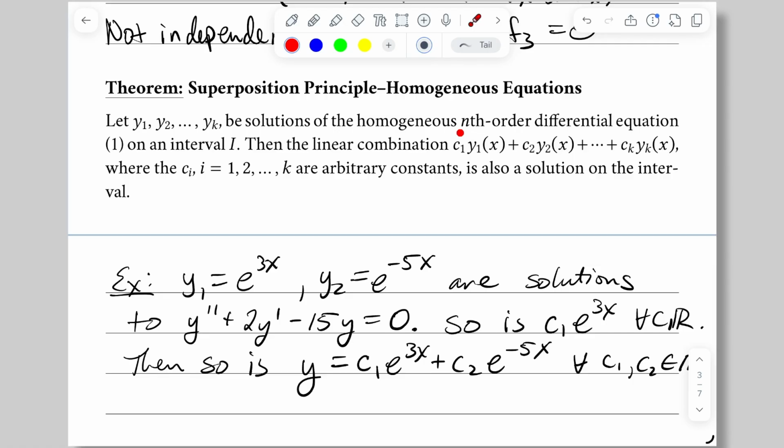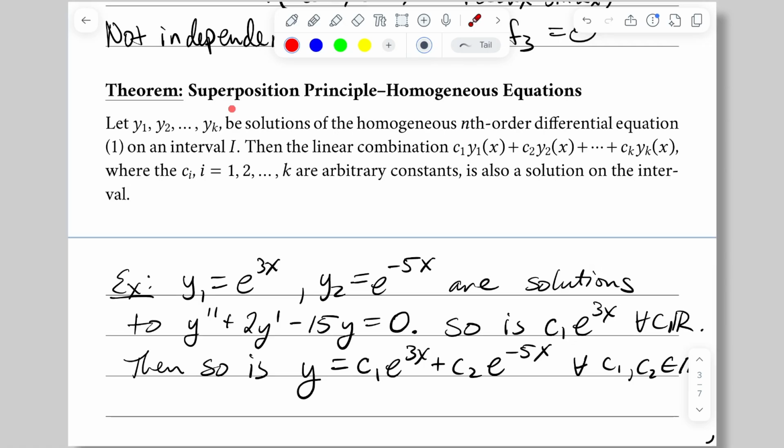In this case, we have an nth order differential equation, and the set of functions that we're talking about is y1, y2 up to yk. It's not so important that that's a k. What I'd like you to sensitize yourself to is that k is not the same as that n. I mean, it could be, but there's no assumption that that k is the same as that n.